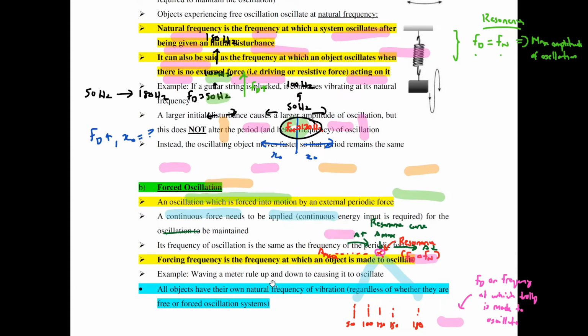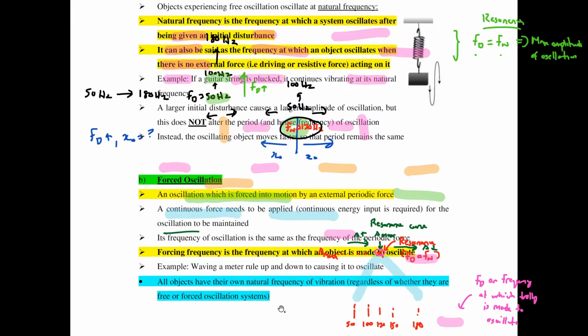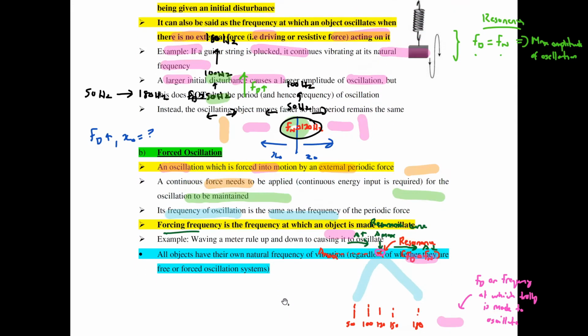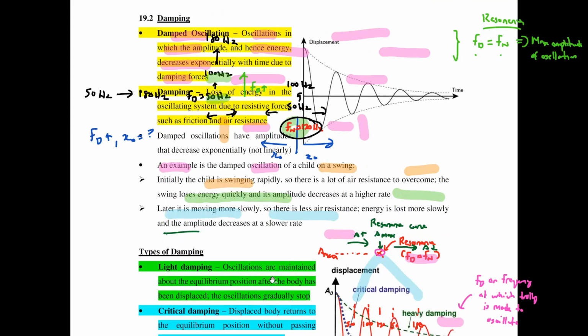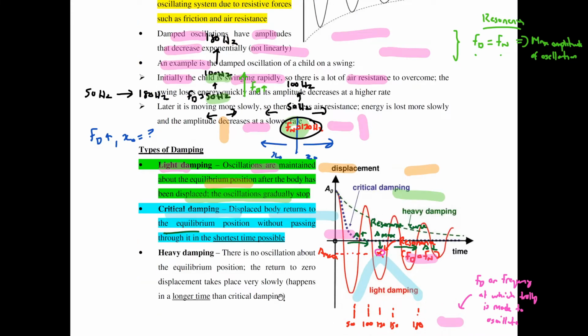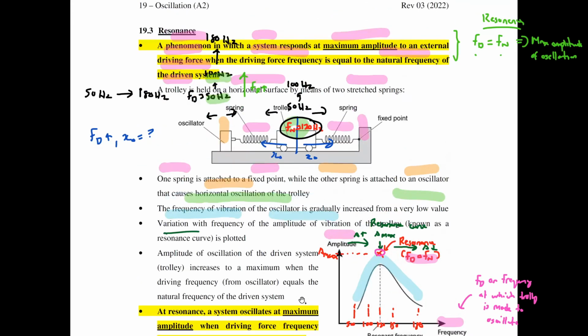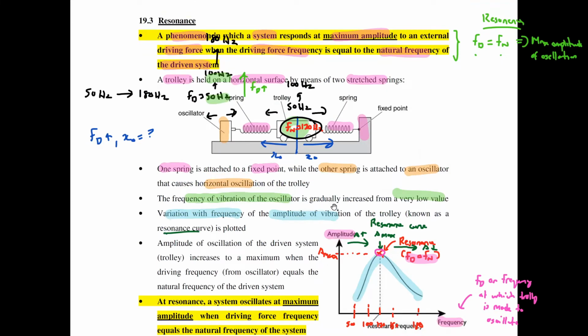But that doesn't mean the system doesn't have a natural frequency. In your case, the trolley itself already has its own natural frequency, just that it's not readily shown.